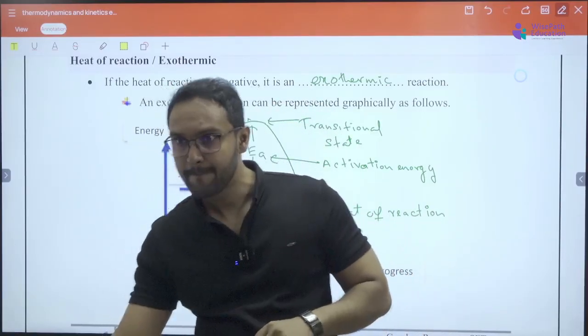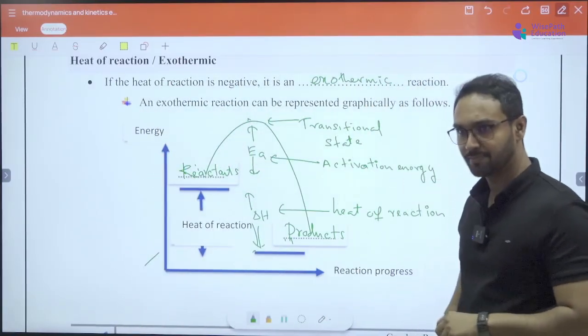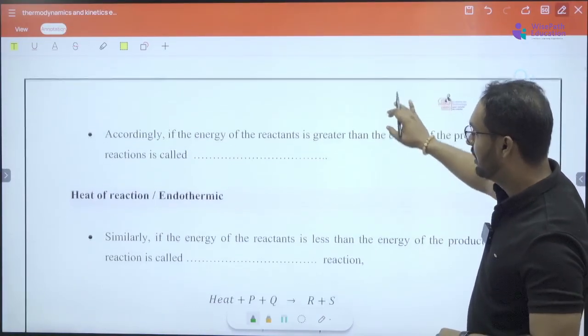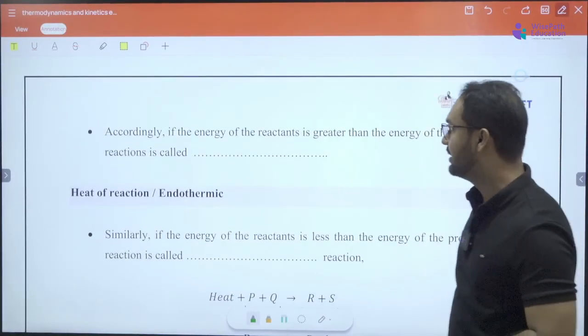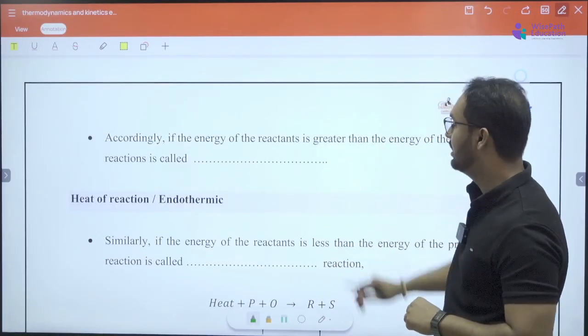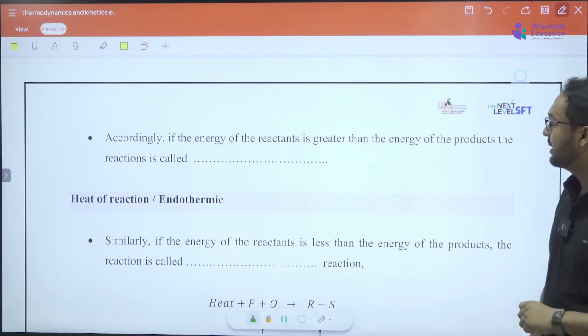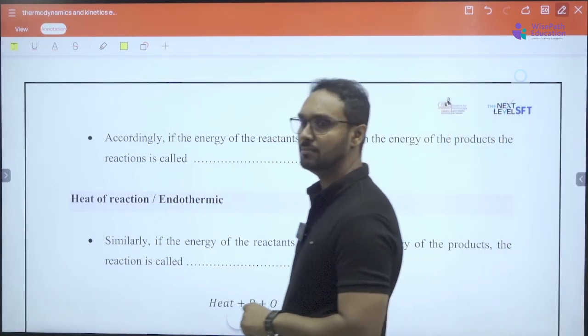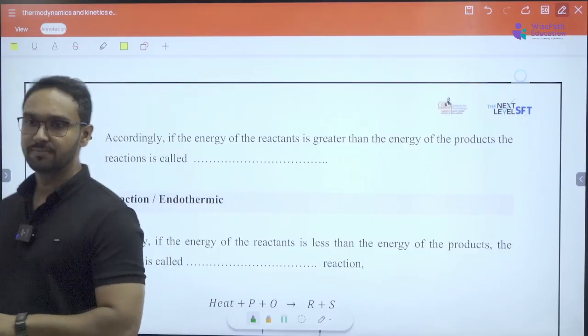Right, finish? Come to the next one. Accordingly, if the energy of the reactant is greater than the energy of the products, the reaction is called what?